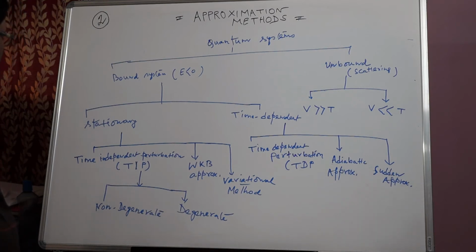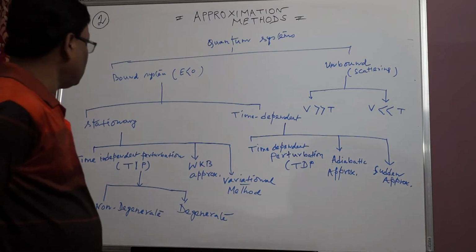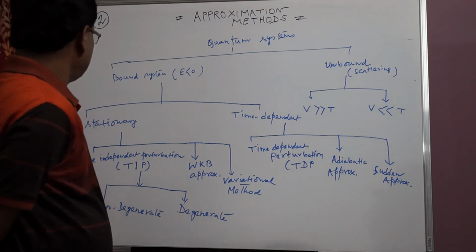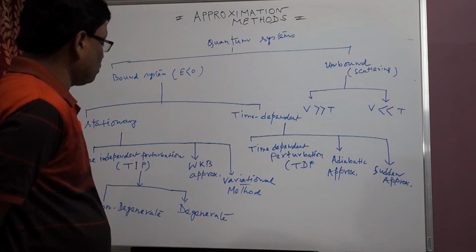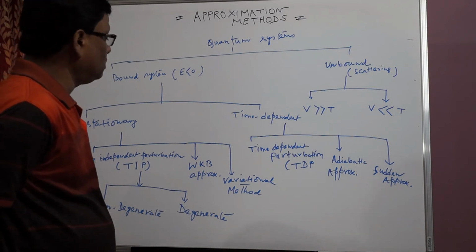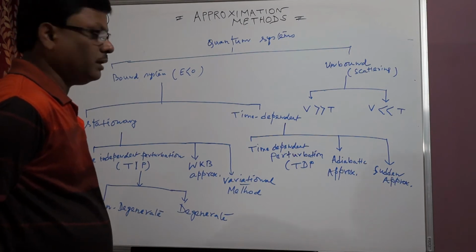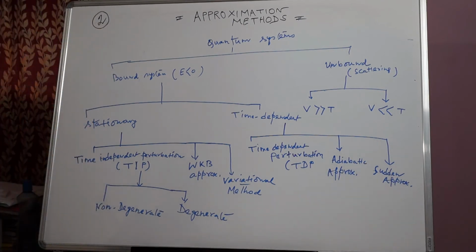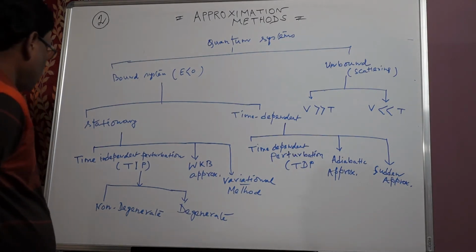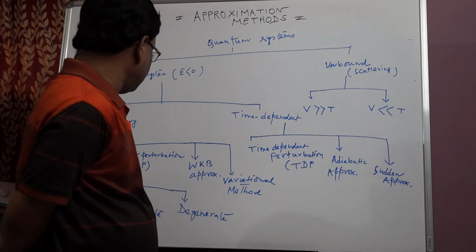So we have to learn all these methods: time independent perturbation, WKB approximation, variational method, and from the time dependent part we learn time dependent perturbation, adiabatic approximation, and sudden approximation. I think you know about the non-degenerate and degenerate cases.